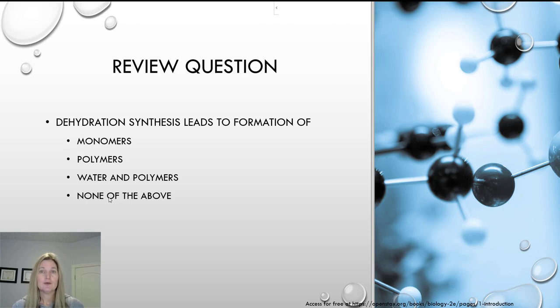So when we are undergoing dehydration synthesis, what are we forming? Are we forming monomers? Nope, because we're starting with monomers. Are we forming polymers? Yeah, but is that the only thing we're forming? We're also forming water. Okay, so if you chose this third answer, I would agree with you. So dehydration synthesis leads to the formation of the polymer as well as a water molecule.